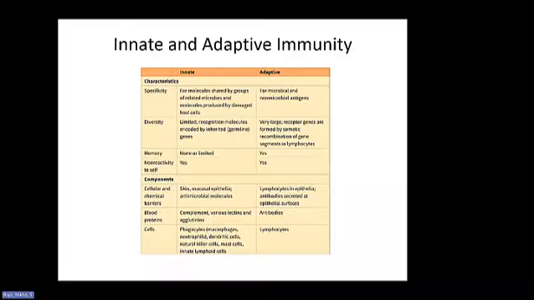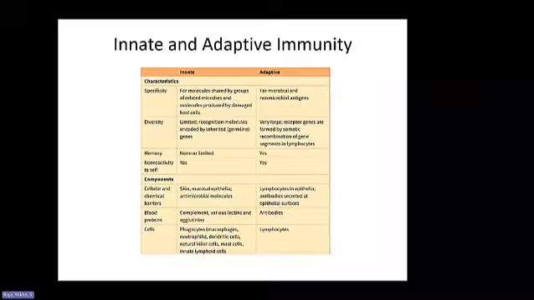Compared to adaptive immunity, which is very specific for microbial or non-microbial antigens. Because of this, the response may be more pronounced or more sophisticated in the adaptive immune response.